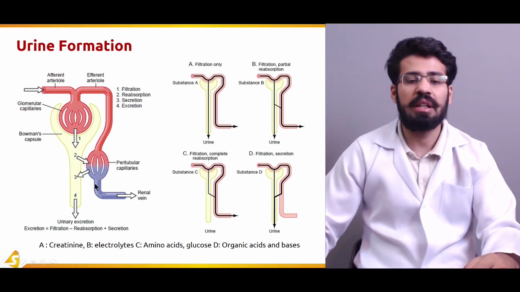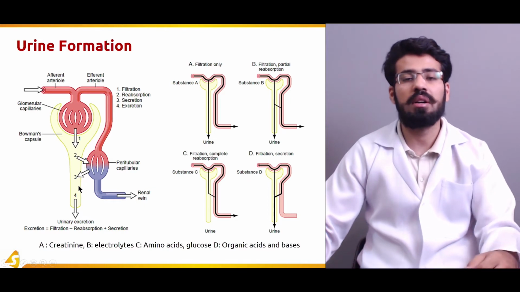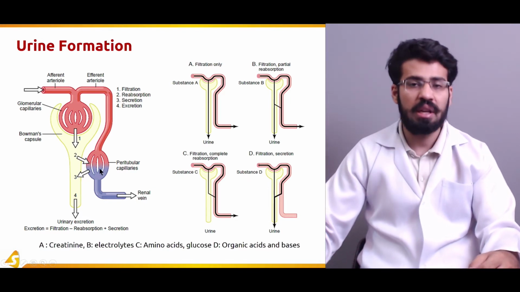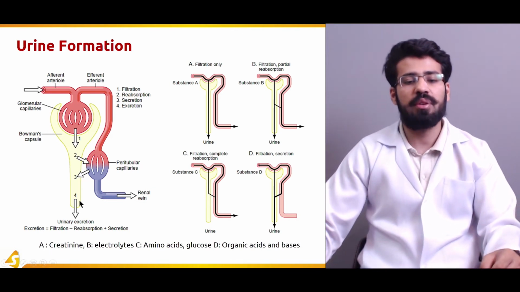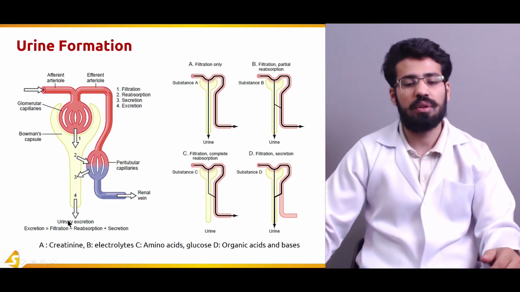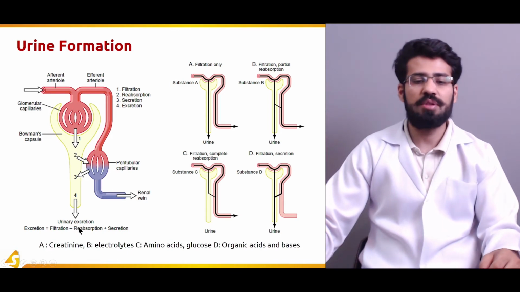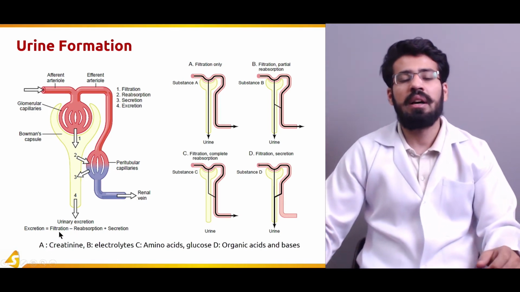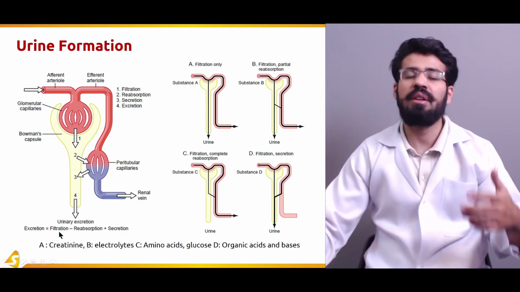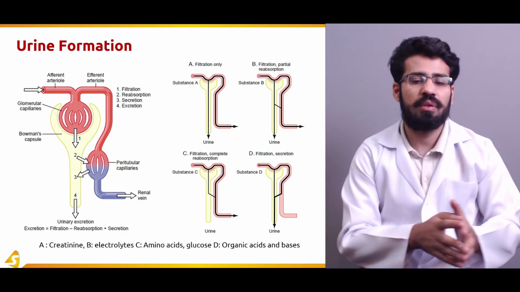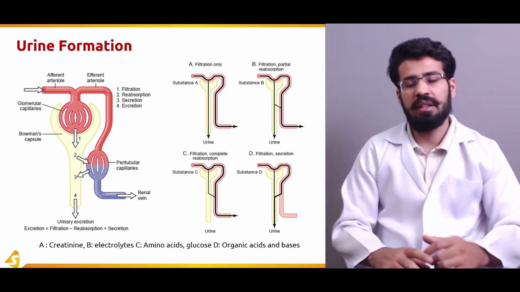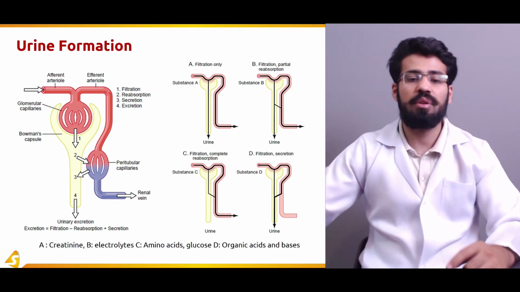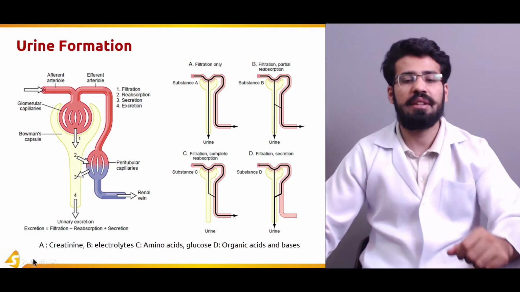The secretion occurs from the peritubular capillaries that usually surround the loop of Henle. And of course, number four, the excretion of urine. So excretion is basically the filtration minus the reabsorption plus the secretion from, of course, the peritubular capillaries. That gives you the excretion.